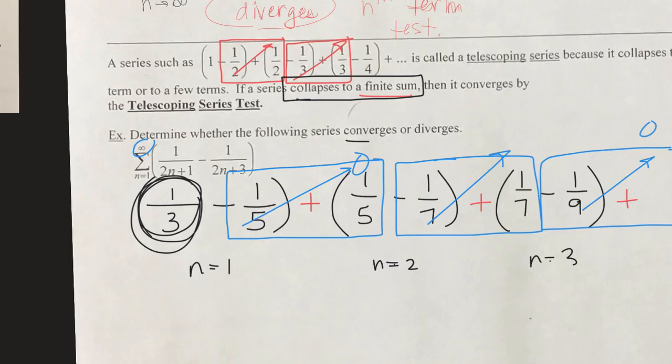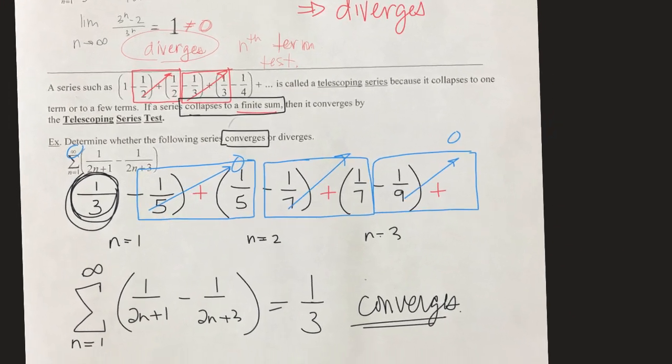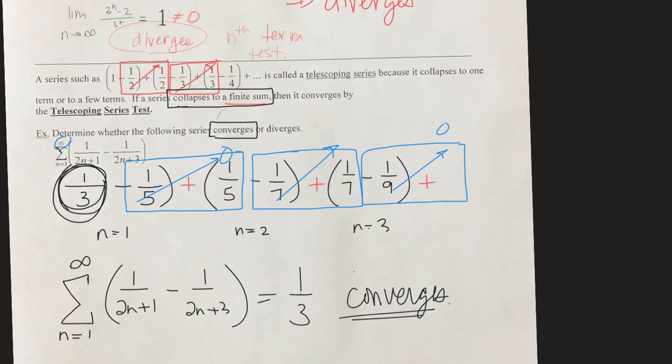So this one will converge because the sum of the series of 1 over 2n plus 1 minus 1 over 2n plus 3 equals 1/3. It converges because it collapses to just the value 1/3. Everything else will add or subtract out.